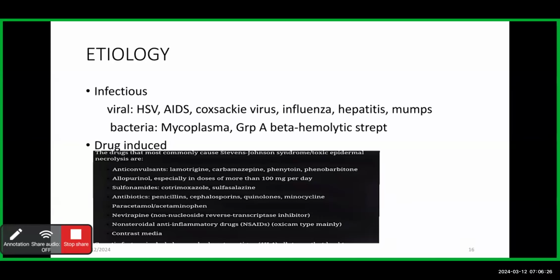For the bacterial, Mycoplasma pneumonia has to be indicated. So for the drug-induced, the table just shows the various classifications of drugs, from anticonvulsants such as lamotrigine, carbamazepine, phenytoin, the other groups which we can actually go through when we get to the slides.